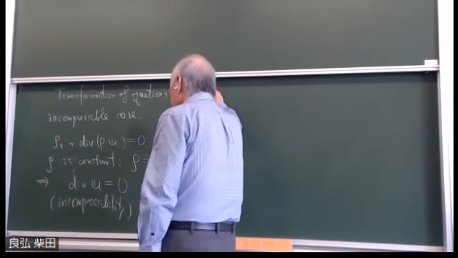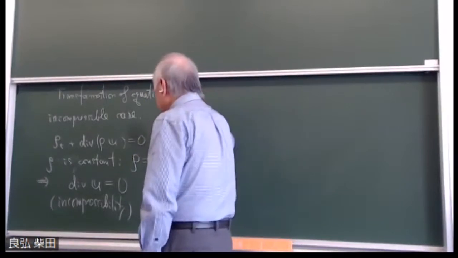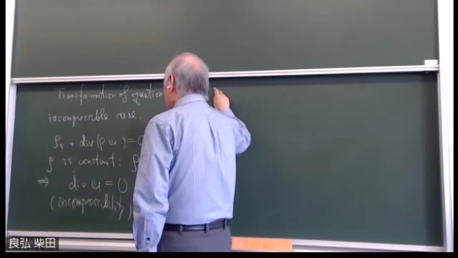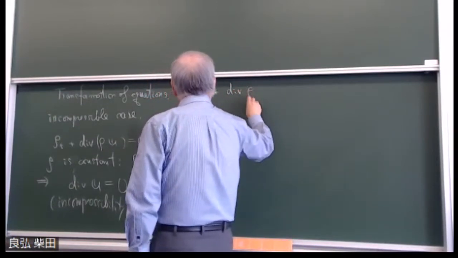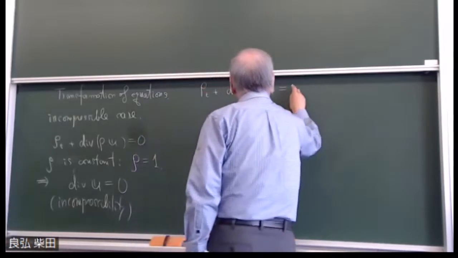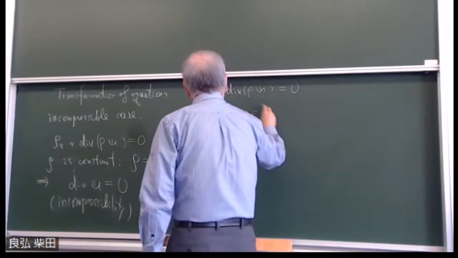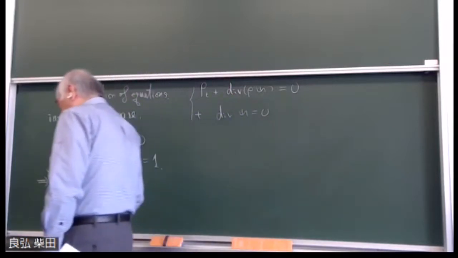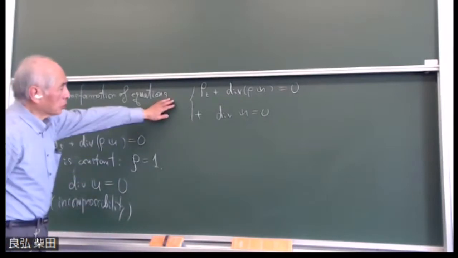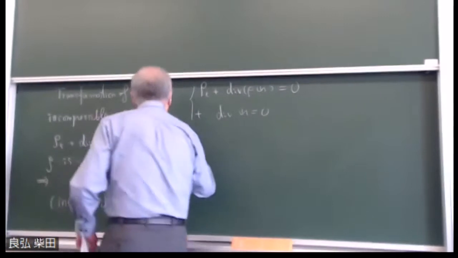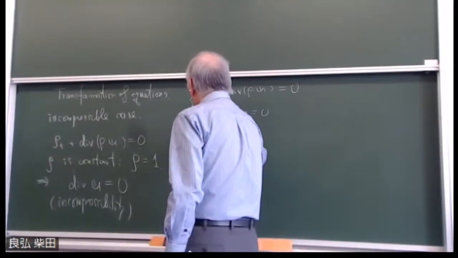But of course, you can also consider the equation where the more general case is plus incompressibility. You can consider this. This is more general, because the second equation is rho Vt or Ut.